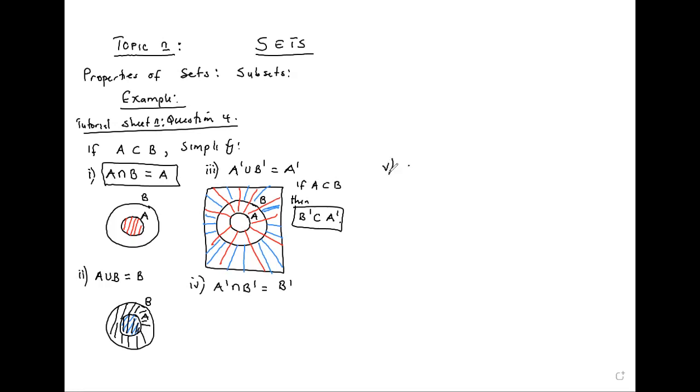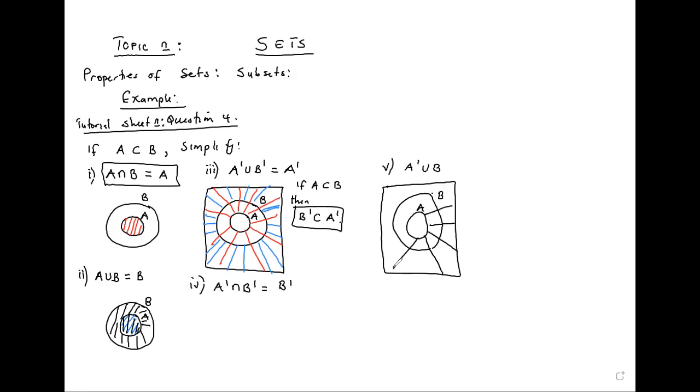Part 5, A complement union B. Now for A complement union B, we have the set B, then we'll have the set A. Then A complement is everything outside A. Then union B. This is B. So as you can see, if you add the red lines plus the black lines, you end up having the whole universal set.